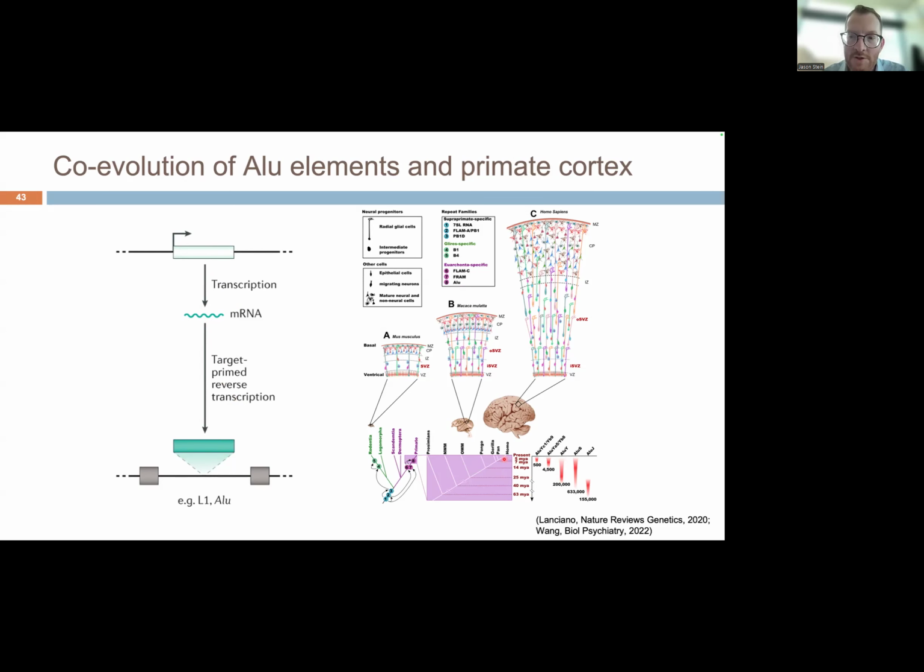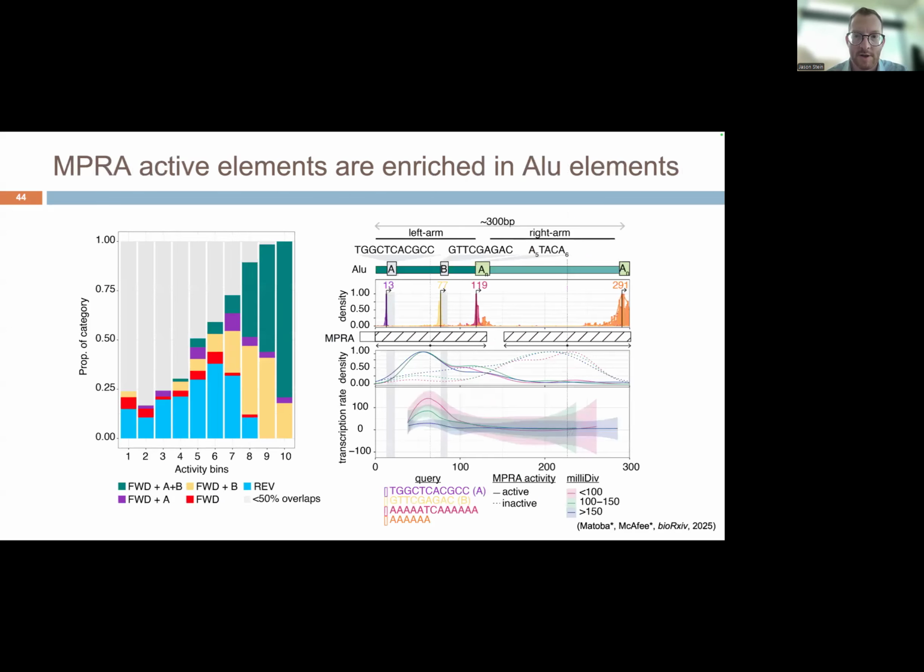ALU elements are one specific type of retrotransposon, and they occupy around 11% of the human genome. The expansion of ALU elements has been specific to primates and has co-evolved with brain expansion. So there's been some suggestion that ALU elements have contributed to brain size expansion and specifically cortical expansion.